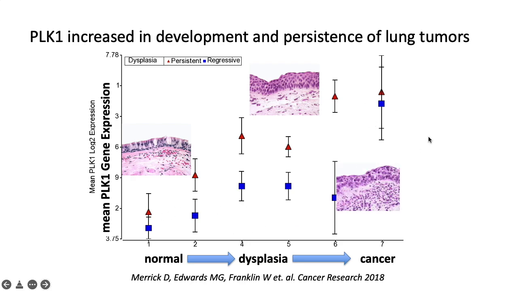But if you look here, this is us going way back. We're talking to the pathologists that looked at polo-like kinase years ago, and even back then, the cancers that got worse or persisted had a much higher level of polo-like kinase compared to those that actually regressed, right?